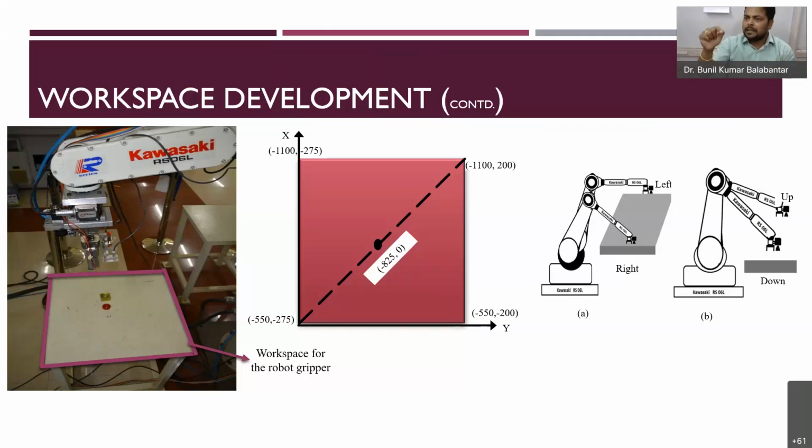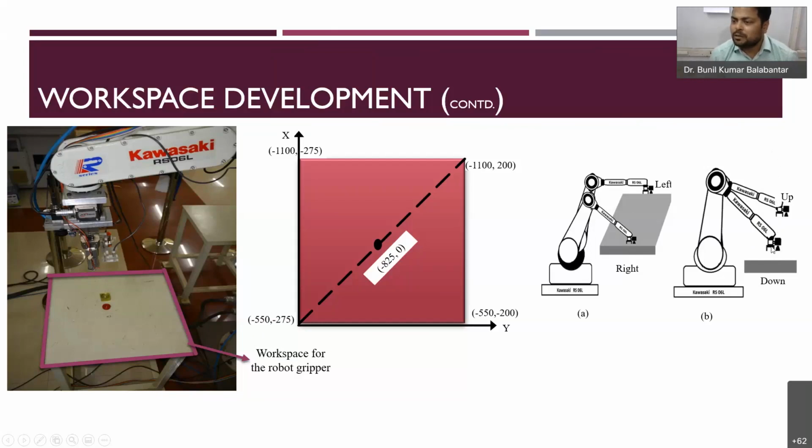Suppose if I reach 5 units, right, the distance of 5 units in the robot gripper, then how much coordinate is it covering in the world coordinate? Based on that, the mapping has to be properly done so that it can move. You can specify the space, just like I have shown here, the length. So what is the reach of this robot in terms of horizontal directions, in terms of vertical directions, how much it can go up and go down?